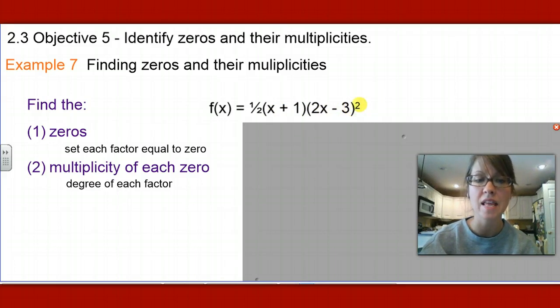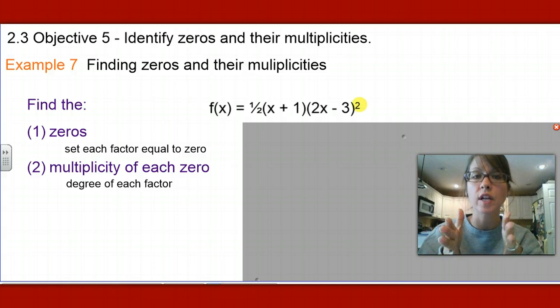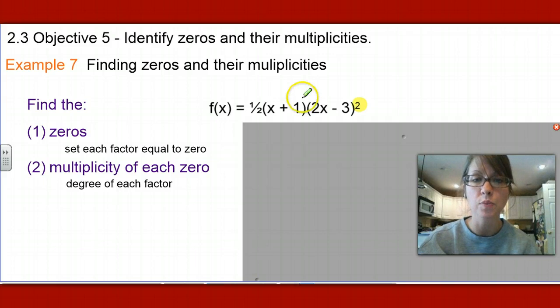That tells us that any zero that comes from this factor will have a multiplicity of 2 because of the square. The x plus 1 factor is actually to the first. We don't have that superscript out there, but it really is to the first. So any zero that comes from x plus 1 will have a multiplicity of 1.